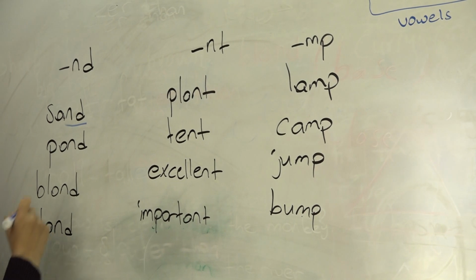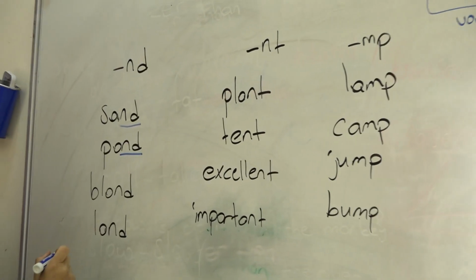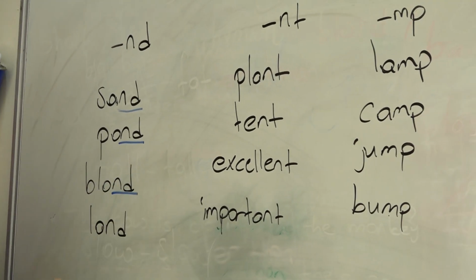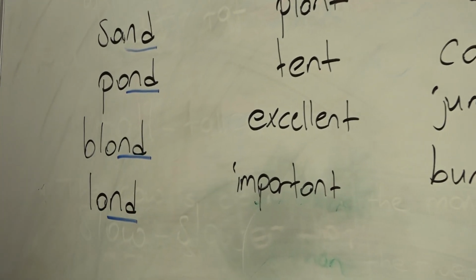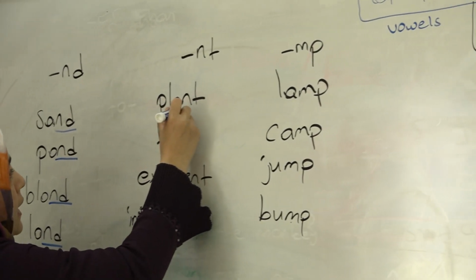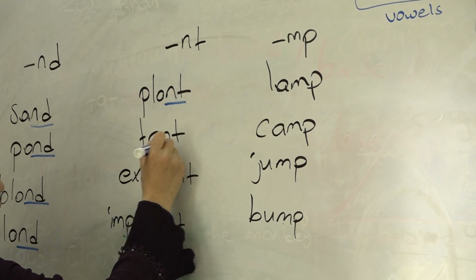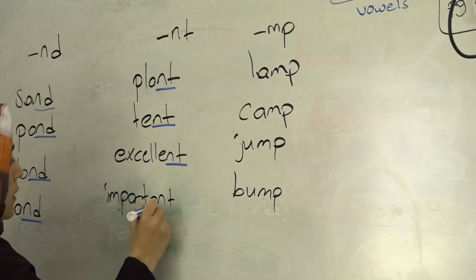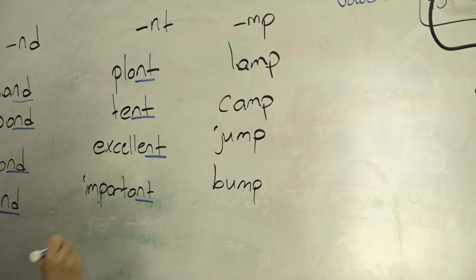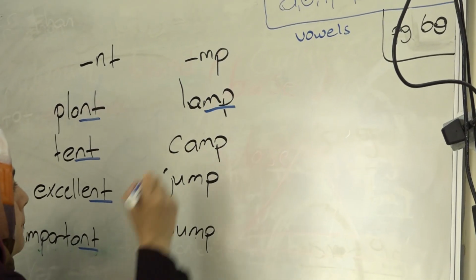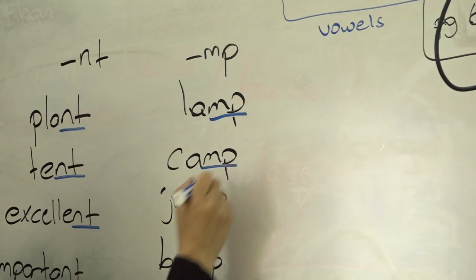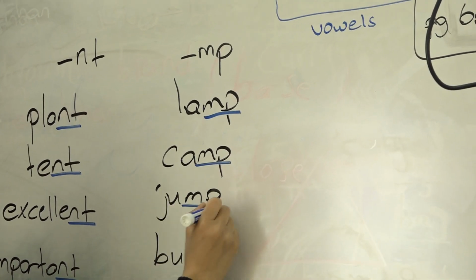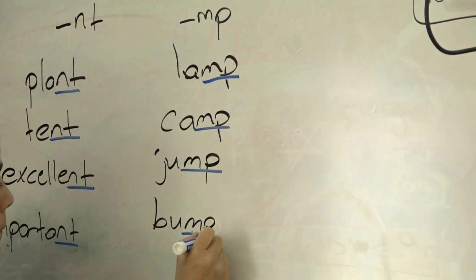Sand, pond, blonde, and land. Plant, tent, excellent, and important. Lamp, camp, jump, and bump.